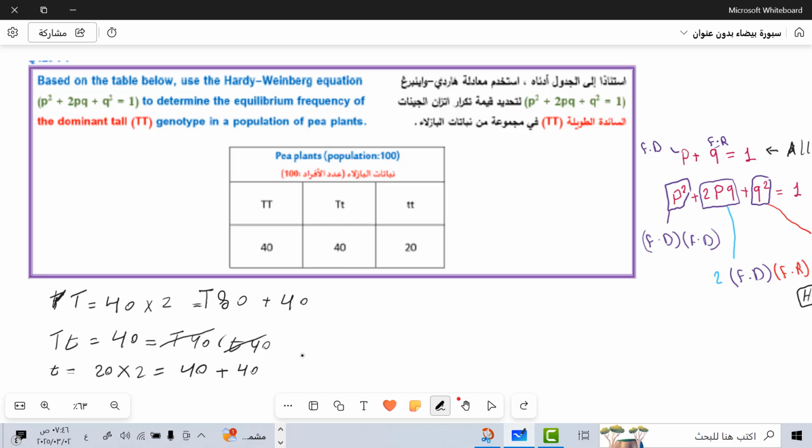Okay, let us see. This means T capital equals 80 plus 40, so 120. 40 plus 40 equal 80.